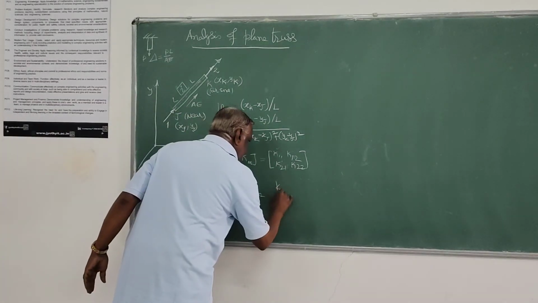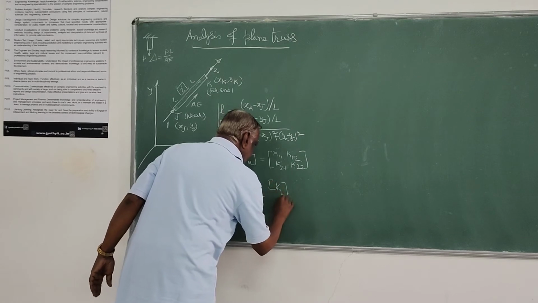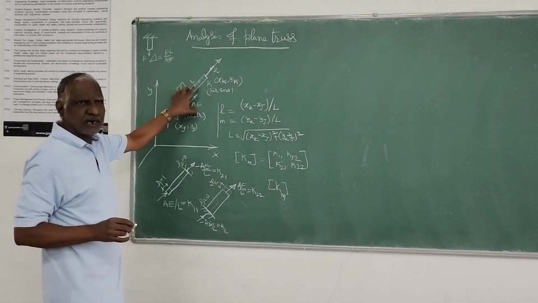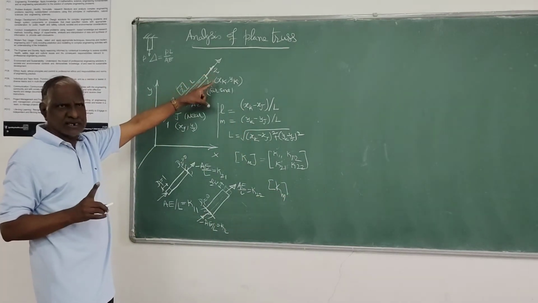So this K, which we call the member stiffness matrix, is with respect to local coordinates, mind it.